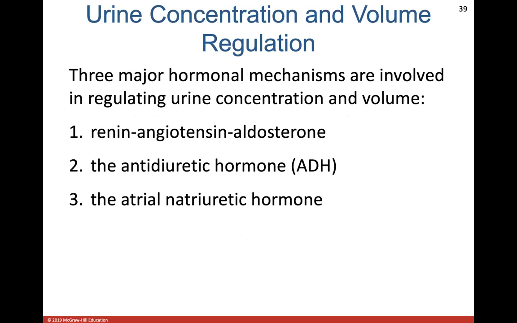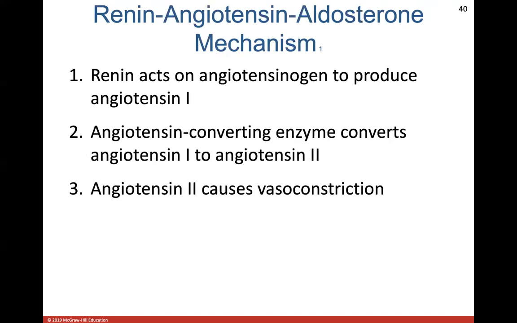So urine concentration and volume regulation, we have three main hormonal mechanisms that are involved in regulating urine concentration and volume. The Renin-Angiotensin-Aldosterone system, ADH, which is antidiuretic hormone, and the Atrial natriuretic hormone. So the Renin-Angiotensin-Aldosterone mechanism, sometimes called the RAA system, basically your kidneys will secrete renin in response to low blood pressure and low blood volume in the body.